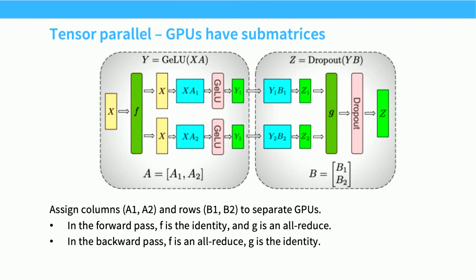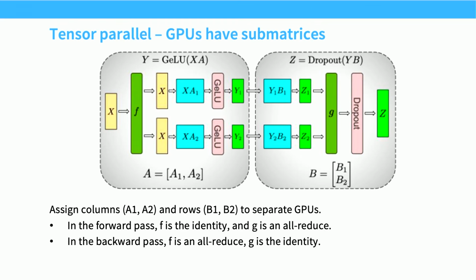and I would gather them together at the end. Now, one thing that is important is there's a duality between the forward and backward pass. In the forward pass, all I do with the x is copy it twice, and then I run the computation forward. So f is the identity. And then once I get to the end of my parallel component, the g function is an all-reduce that brings them back together.